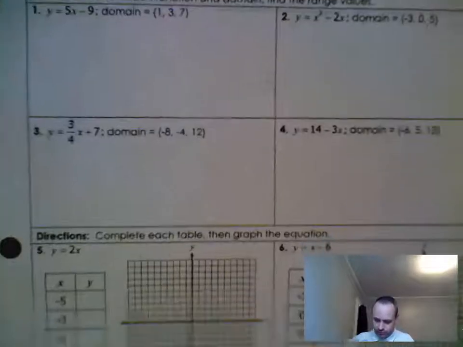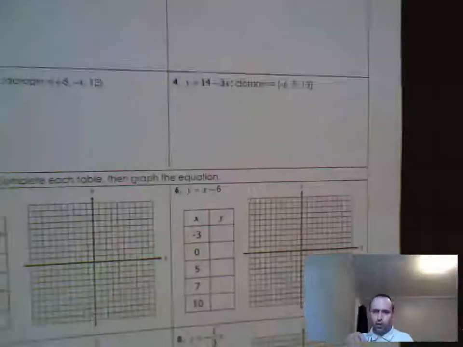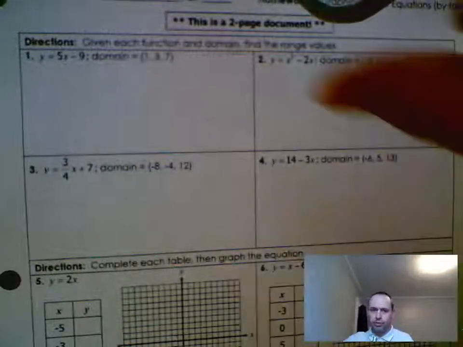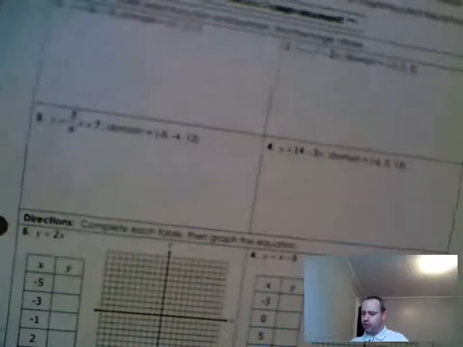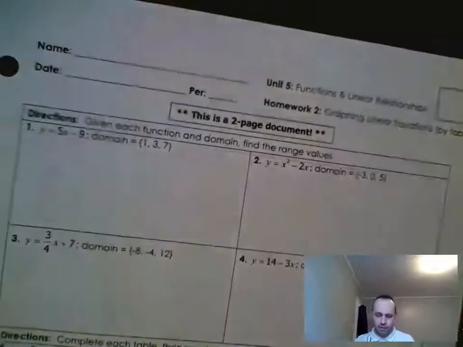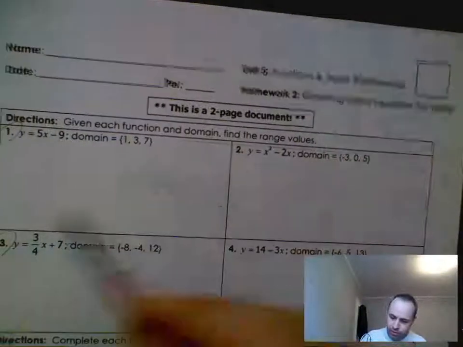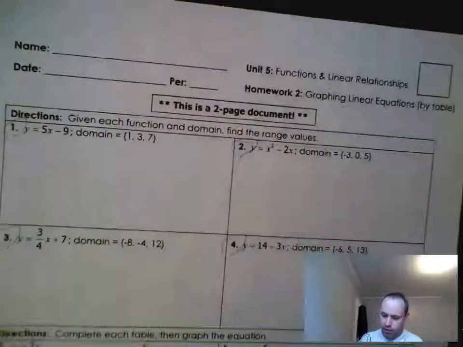So the homework questions, let's take a look at those. So for homework, you're going to do numbers 1 through 4, and then the odds. Okay, so for homework, which I'll upload this document, you're going to do 1, 2, 3, and 4.